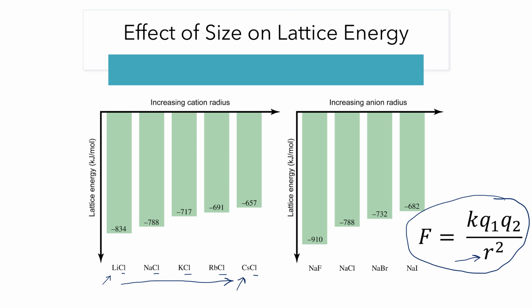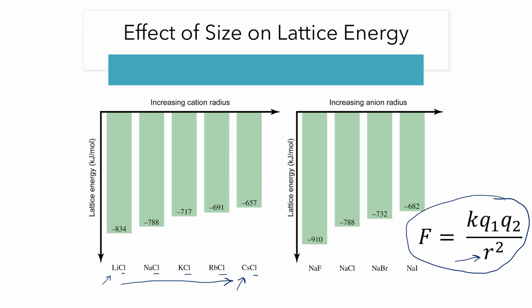Now, these are all exothermic numbers, so this is showing us how much energy is released. And so less energy is released when cesium chloride gets formed than when lithium chloride gets formed. We see that exact same trend holding for changing the anion size.